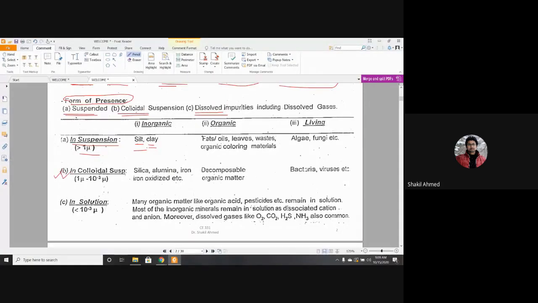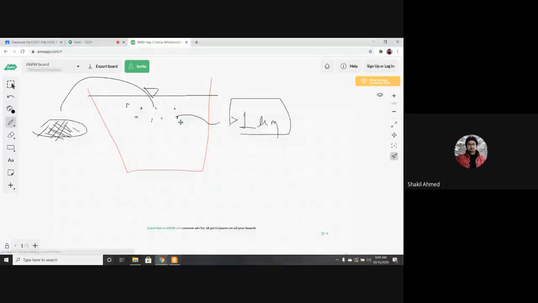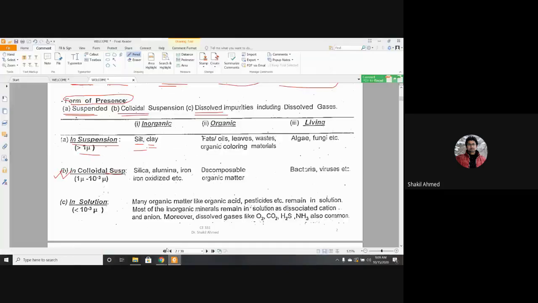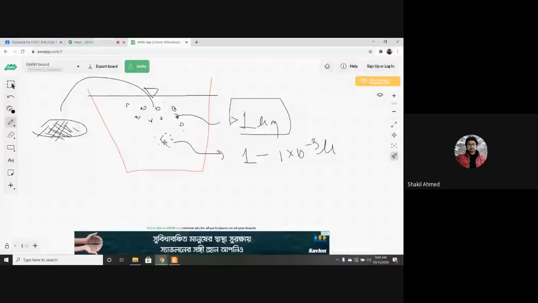What is colloidal suspension? When the size of these pollutants is less than 1 into 10 to the power minus 3 micrometer, that means these are much smaller.